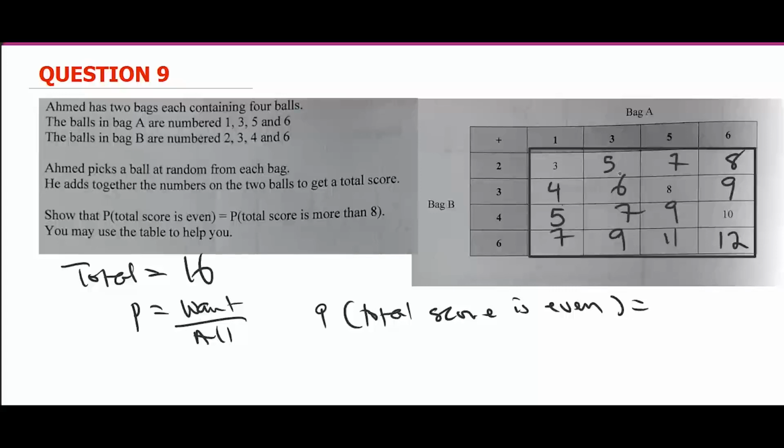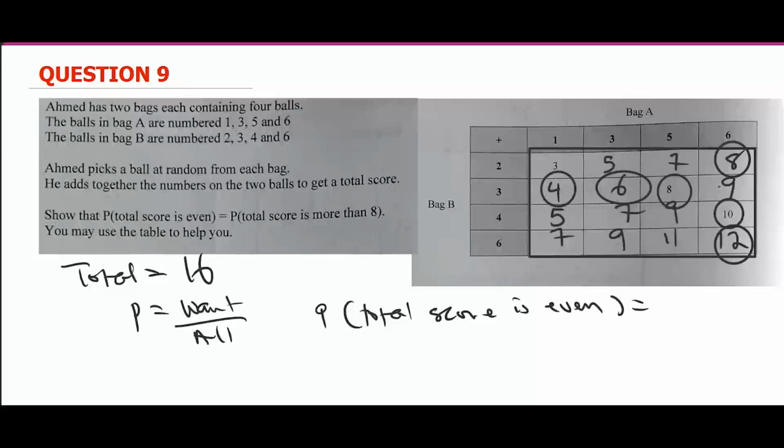So let's count the even ones there. This one is even, 8, we have 6 is even, we have 12 is even. Which other one? Okay, we have another one here, the given 8 is even. Okay, which other one is even? We have 4 here, 4 is even, and the last one we have 10 here is even.